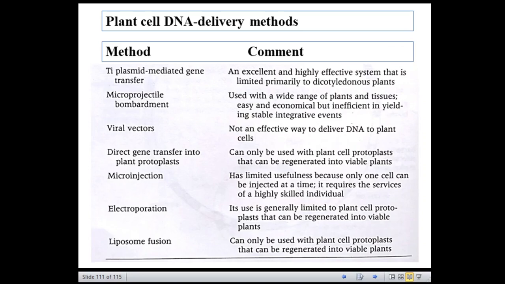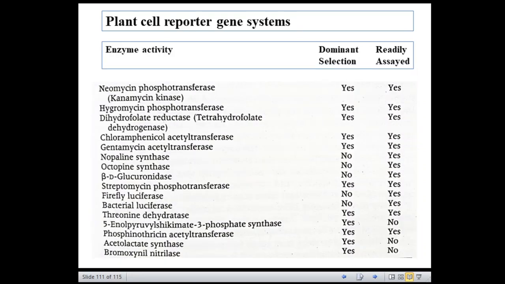Quantification and other applications require the use of reporter genes that either permit transformed cells to be selected or encode an activity that can be assayed. To these ends, many researchers have tested a number of different genes as reporters for the transformation.